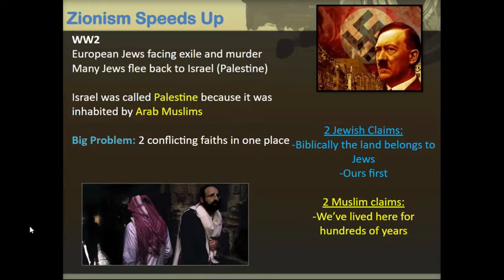Now, the two claims of the Israeli territory: biblically, the Jews claim it belongs to us. It was basically not a formulated state at the time of Jacob or of Israel, and the 12 tribes inhabited it.